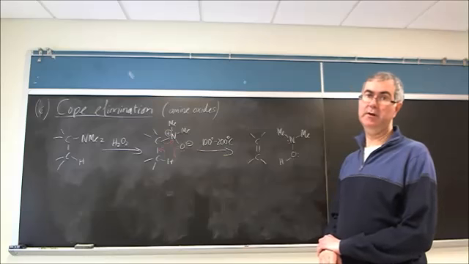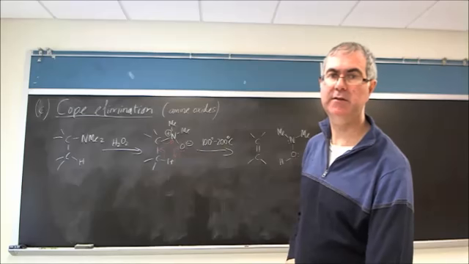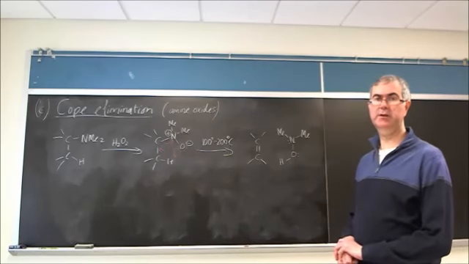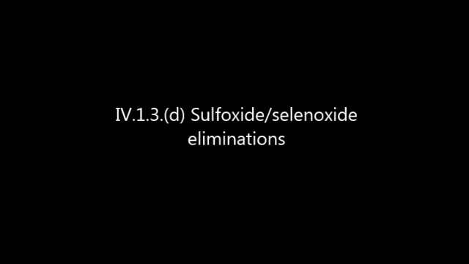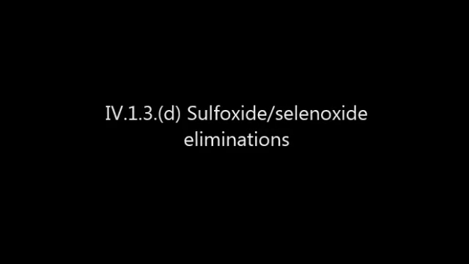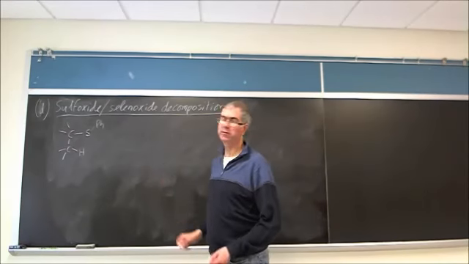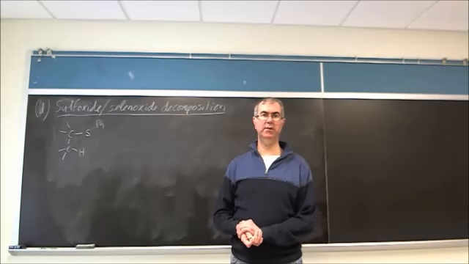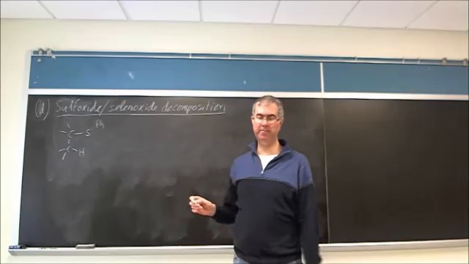But there's one that can go even lower than this, a little bit lower anyway, and that's to heat a sulfoxide, or if you want one that goes at room temperature, use a selenoxide, and I'll show that next. So we can also use a sulfoxide, which is quite similar in many ways to the amine oxide that we saw before.